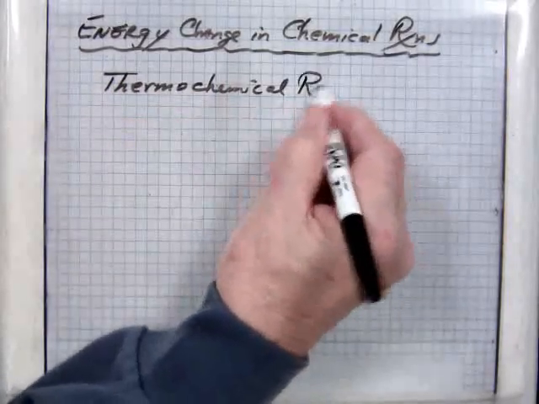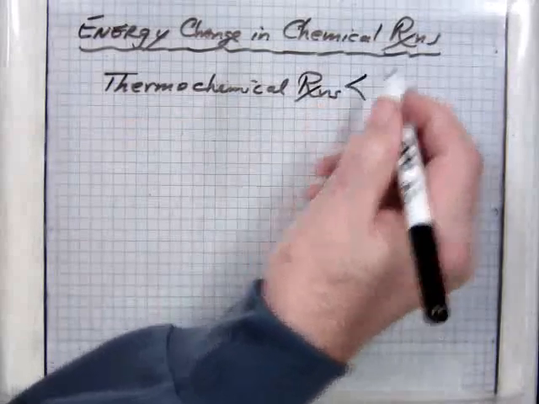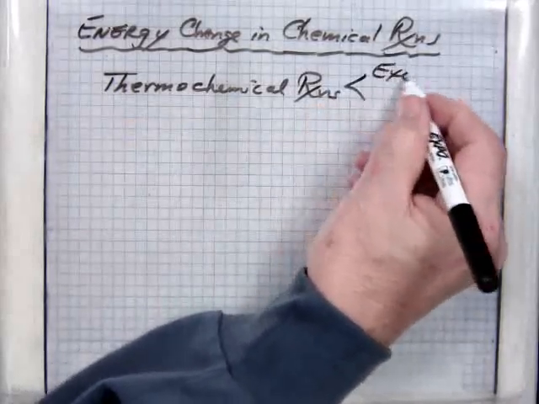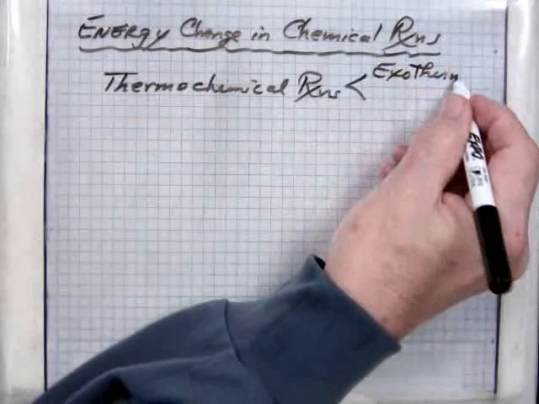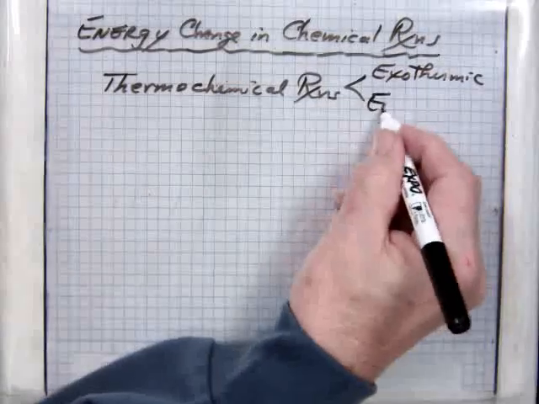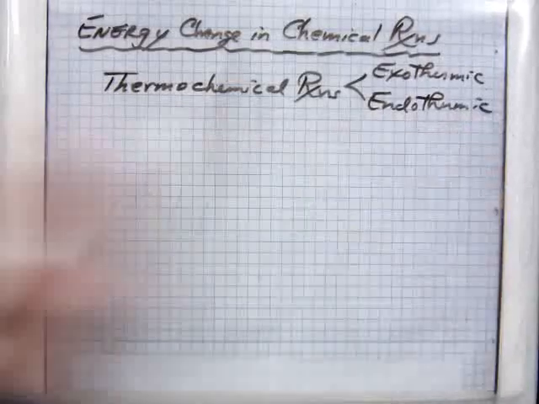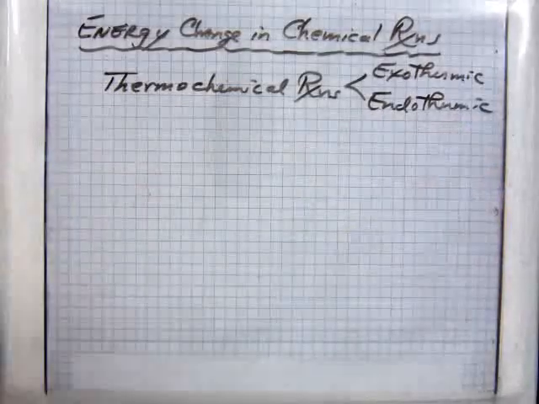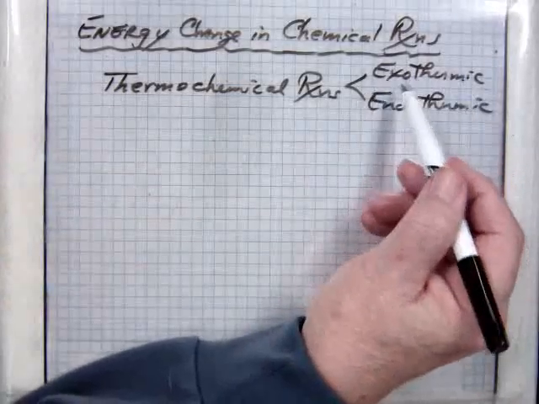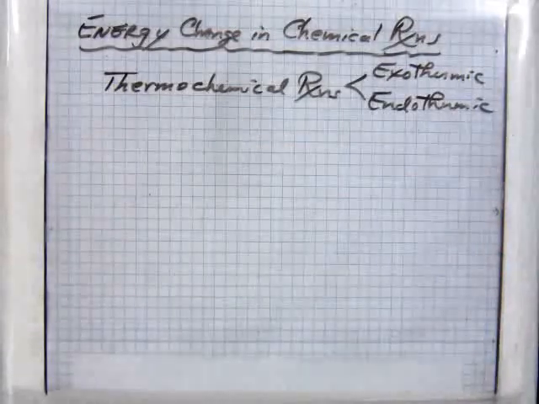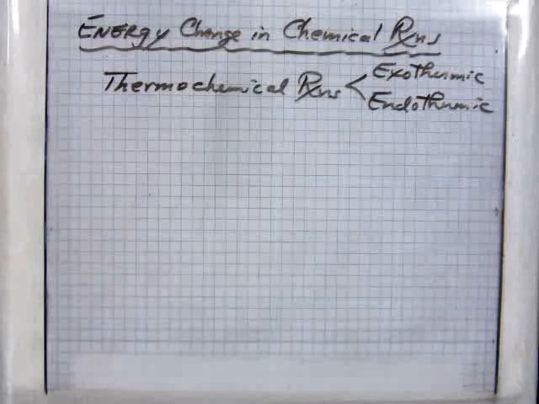Thermochemical reactions are of two kinds, exothermic and endothermic type of reactions, where exothermic means energy is liberated. Endothermic is, of course, the absorption of energy by the system being considered.